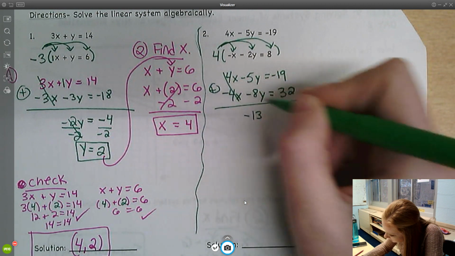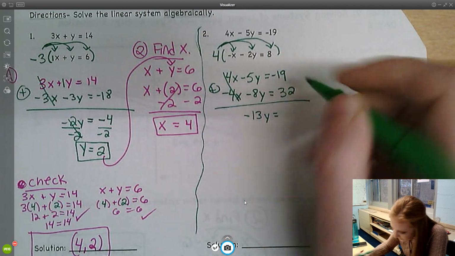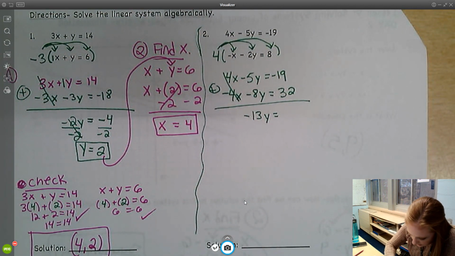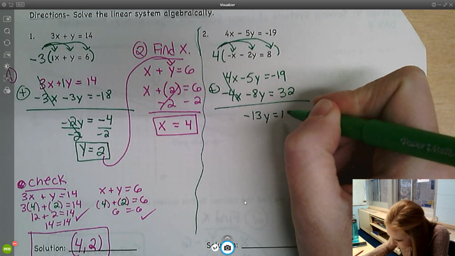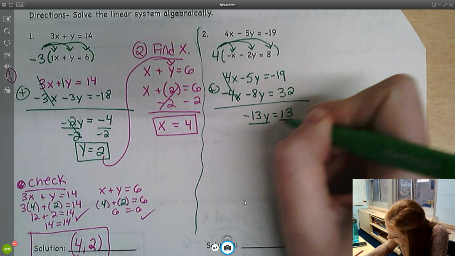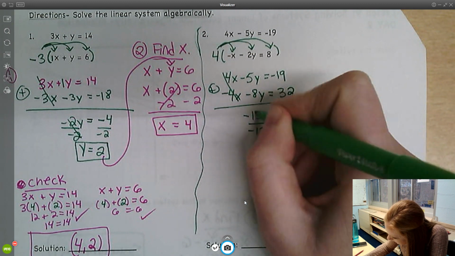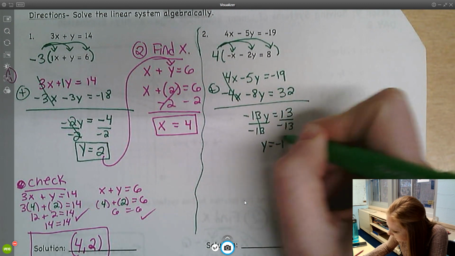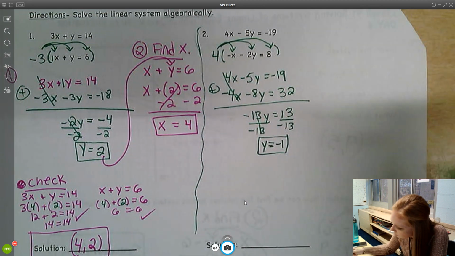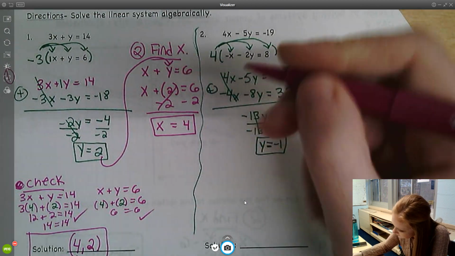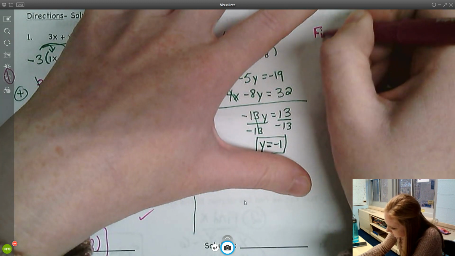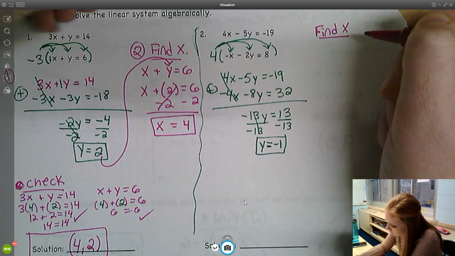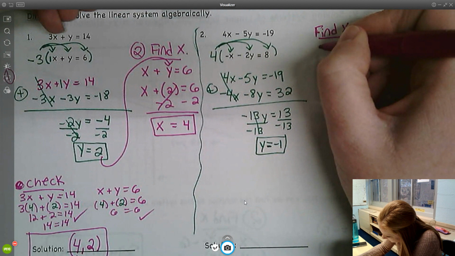Now when I add these two equations together, my x's will eliminate. Negative 5y plus negative 8y is negative 13y. And let's see, negative 19 plus 32 is positive 13. Divide both sides by negative 13. Y equals negative 1. Now that we know y is equal to negative 1, I'm going to go back to one of my originals and find x.